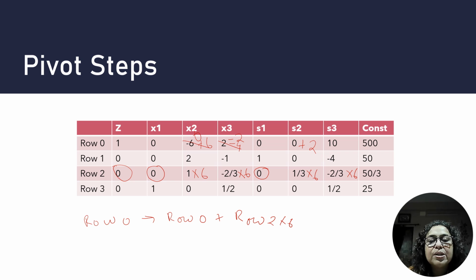So 10 minus 4 is 6. So this is 6. And again I have this into 6, so I have 100. I add 100 to this, and what I have is 6. Right, so we have done one set of conversion.